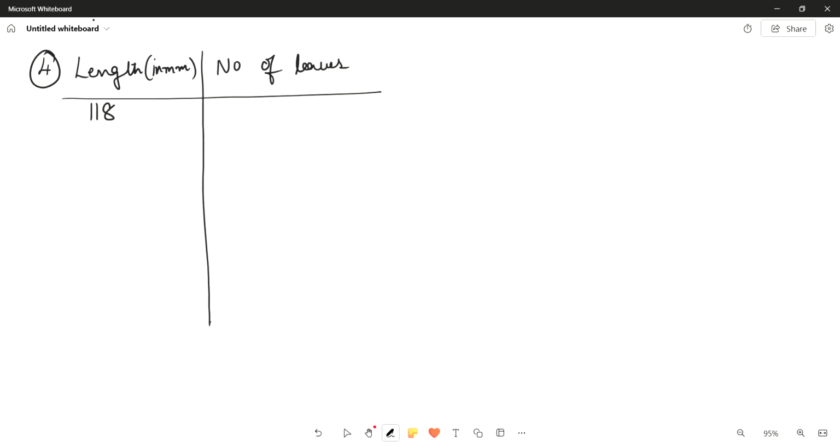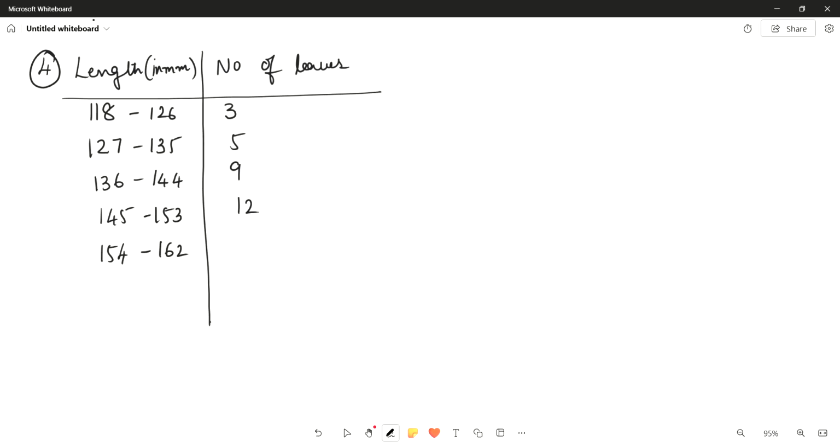Here 118 to 126, it is 3. 127 to 135, it is 5. 136 to 144, it is 9. 145 to 153, it is 12. 154 to 162, 5. 163 to 171, 4. 172 to 180, 2.